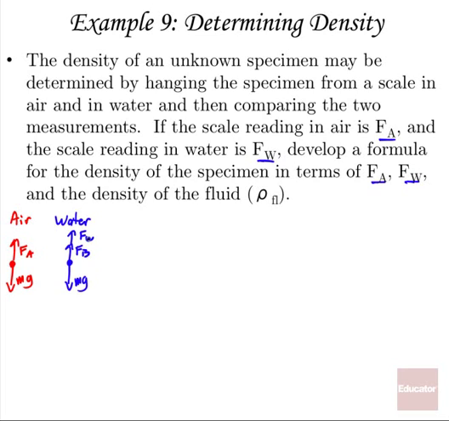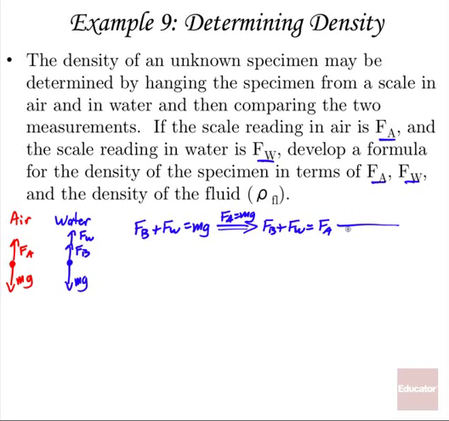So, starting with the water, we've got Fb, the buoyant force, plus the force of the scale when it's in water must be equal to its weight because it's at equilibrium. And we also know that the force in air is equal to mg. So I could rewrite this as Fb plus Fw equals Fa.